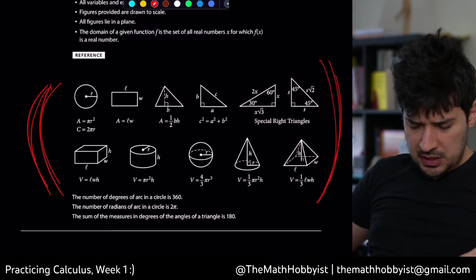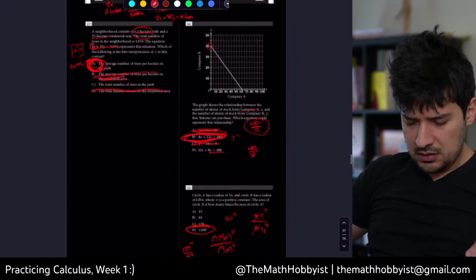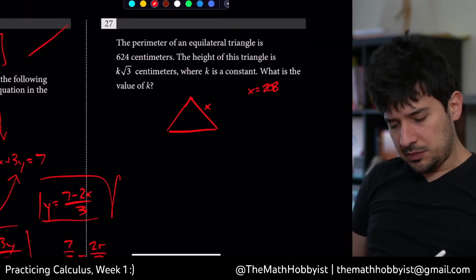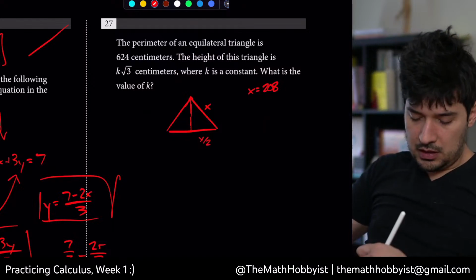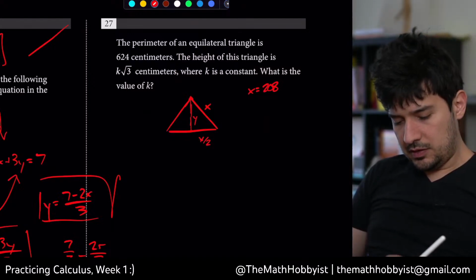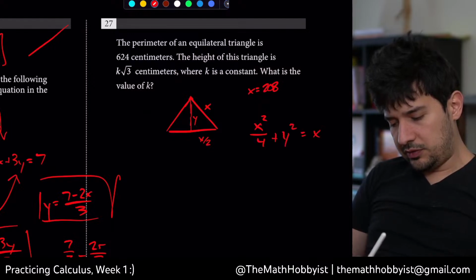Is this the equation we want? Area is 1/2 b times h? Not really. No, let's just rederive the thing I'm looking for. It's an equilateral triangle, which means that if you split down the middle, this is going to be x over 2, and then this is the height y. x squared over 4 plus y squared equals x squared.